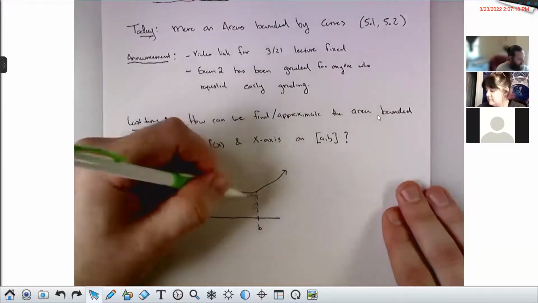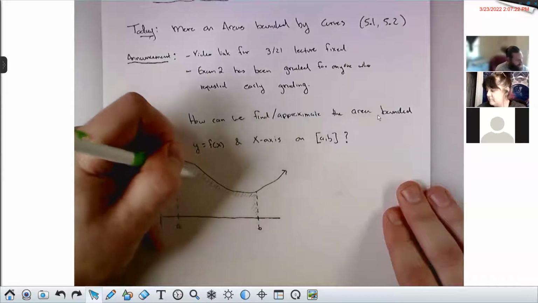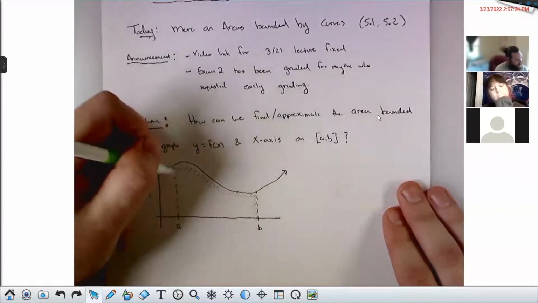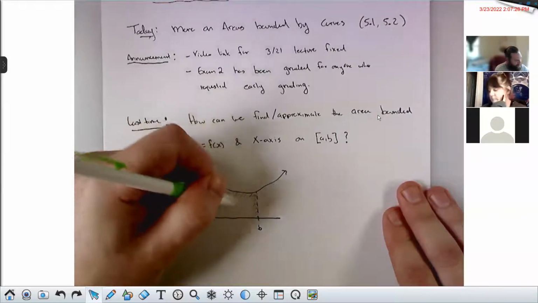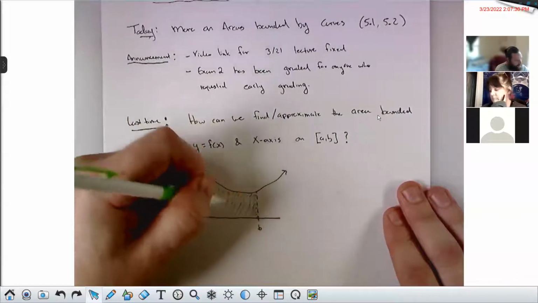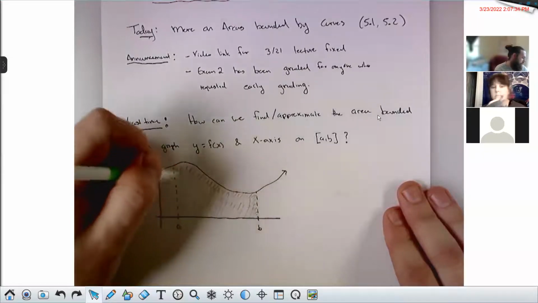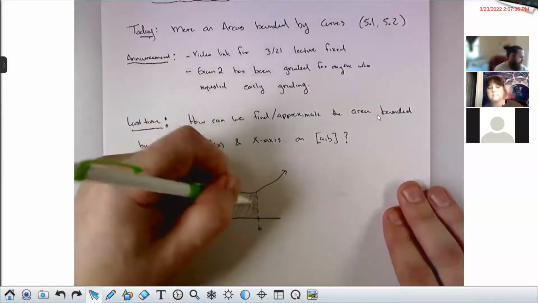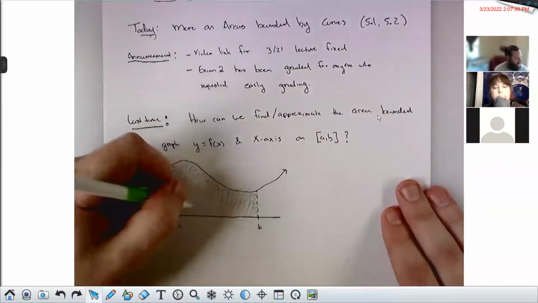So this pencil-shaded area, and the convention I use is that I'll shade the exact areas in pencil, so we can compare and contrast. We want to find this area.